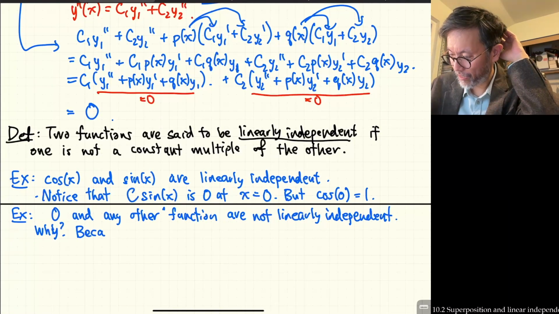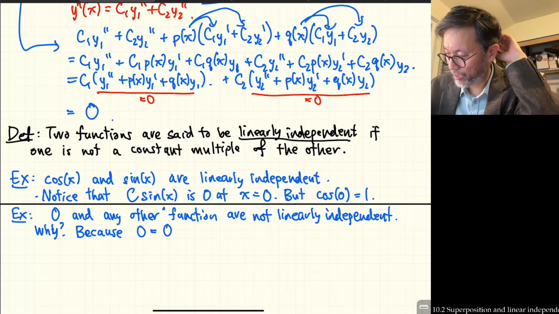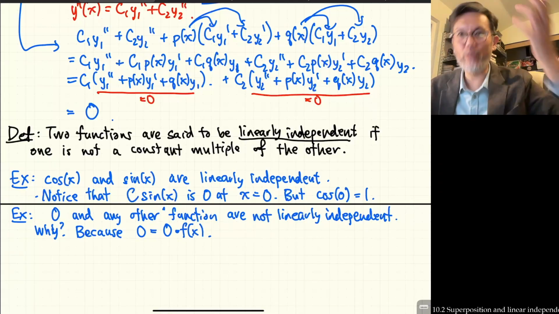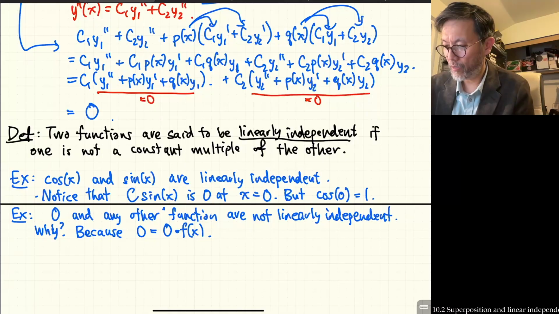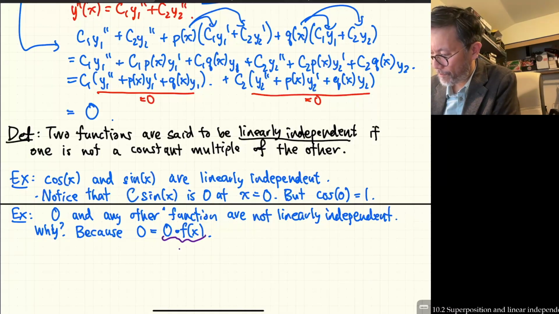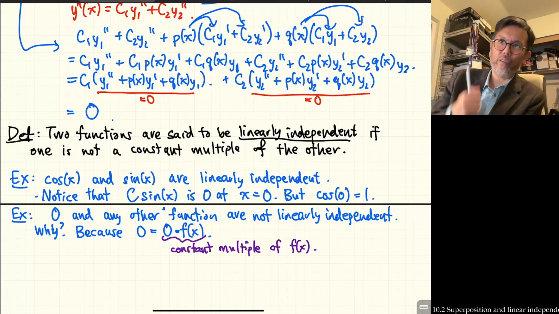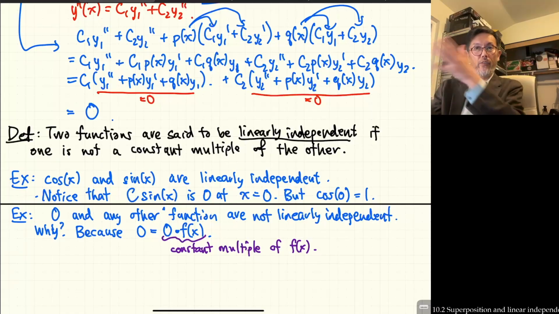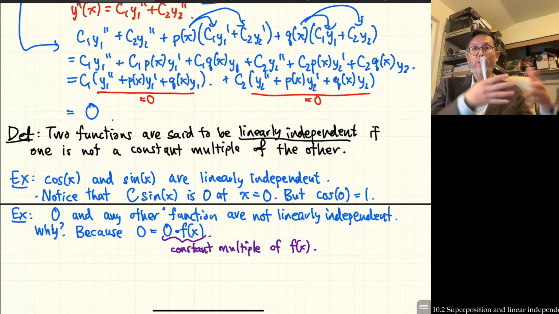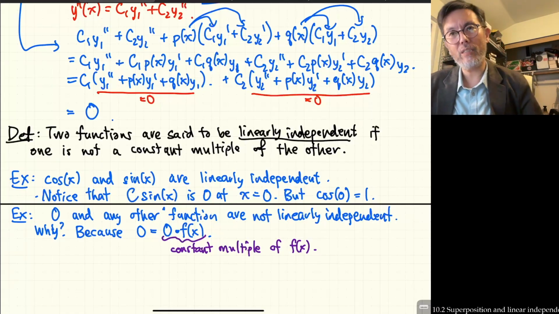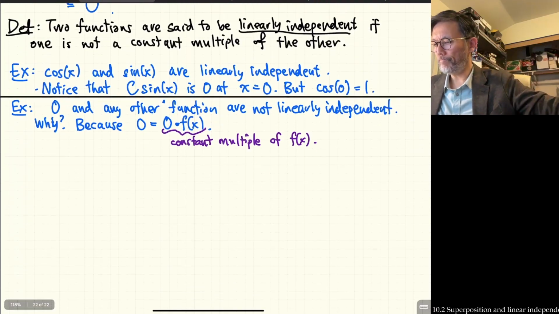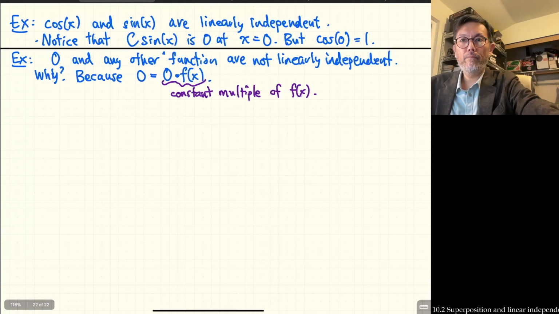In fact, 0 is equal to 0 times f of x. This is a constant multiple, the constant being 0, of f of x, and it's equal to 0. So no matter what the other function is, if 0 is included in your set, then you're not linearly independent. Okay? All right. Cool.